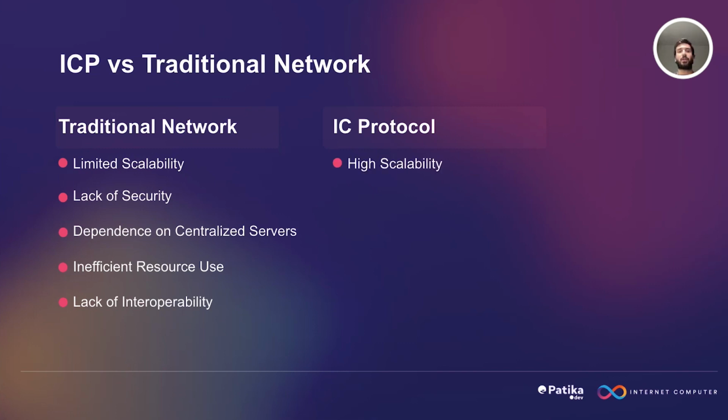On the other side, the Internet Computer Protocol is highly scalable. We have chain key technology, as we talked about in our previous presentation, which handles the security part for us. And of course, it's a decentralized technology and it can scale up and down using the network nervous system.